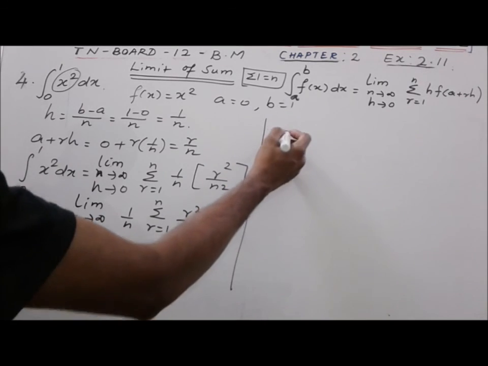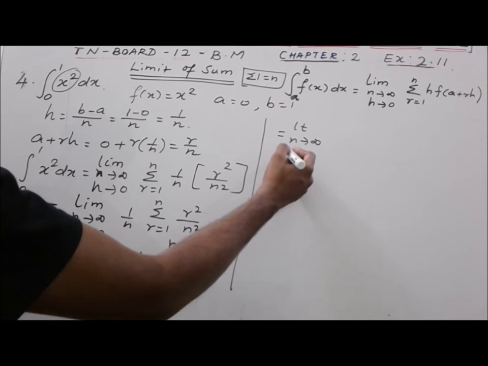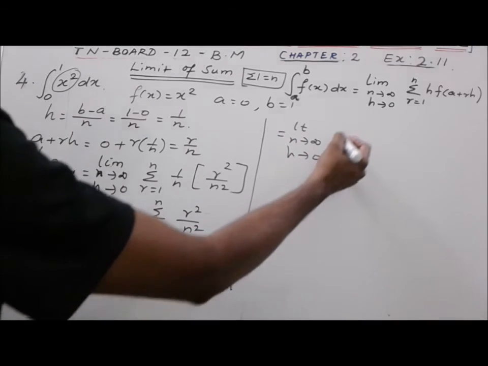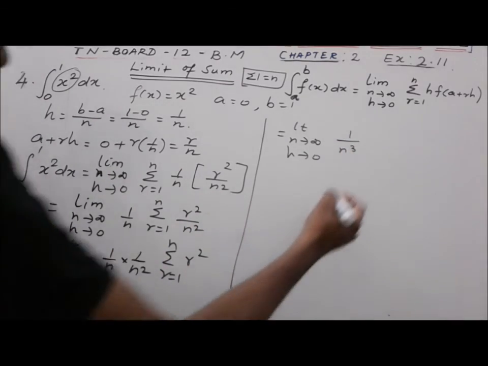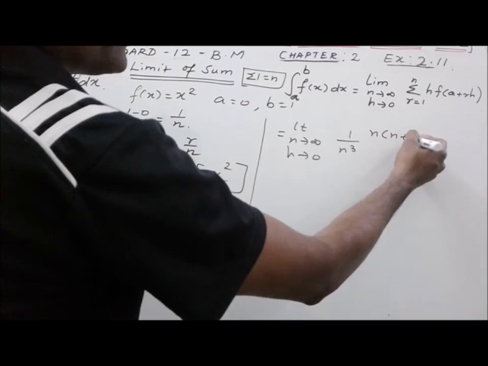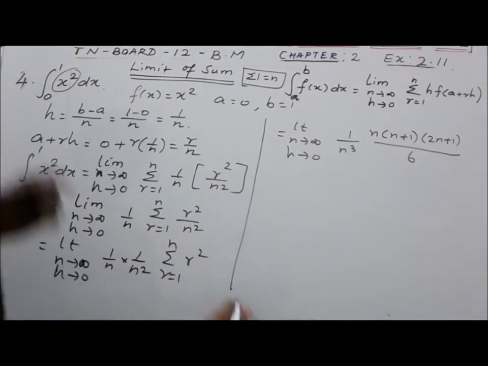Substituting in it, we will have limit n tends to infinity, h tends to 0, 1 by n cube, and the sum of r square equal to n into n plus 1 into 2n plus 1 whole divided by 6.